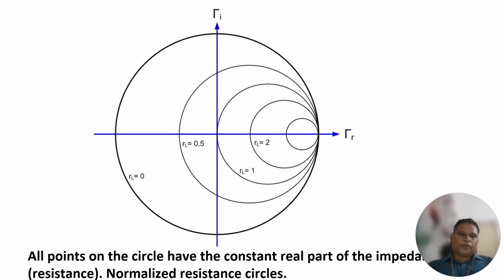Now, if you plot these constant resistance circles on a reflection coefficient plane, all points on the circles have the constant real part of the impedance, that is resistance. These are the normalized resistance circles.